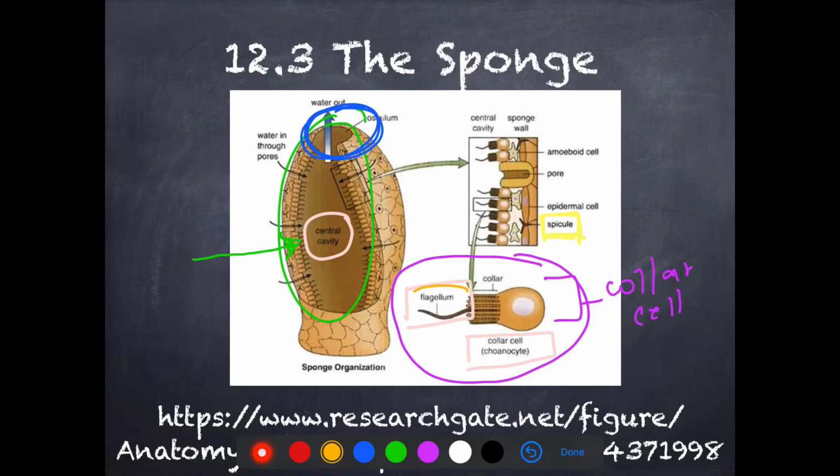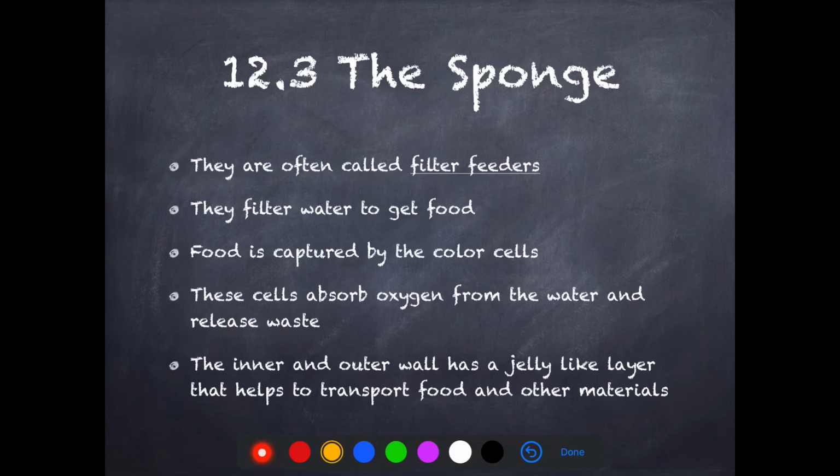And you can see that the collar cell has a flagella right here. And you can see that they're implemented into the central cavity of the sponge itself. Okay, so this right here is a zoomed up version of what is going on right here. All right.